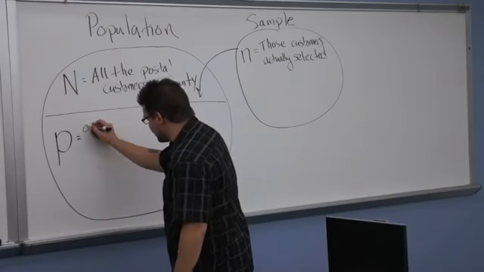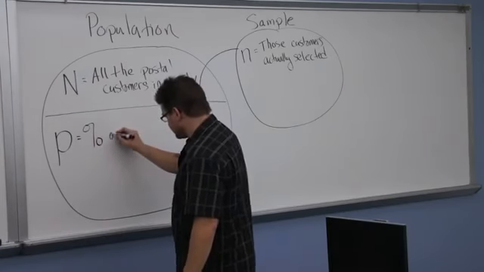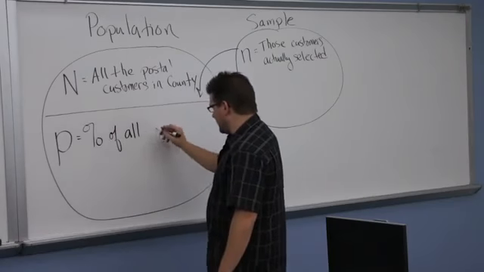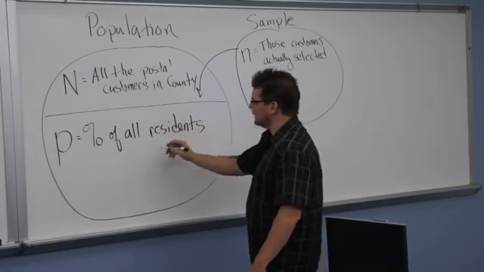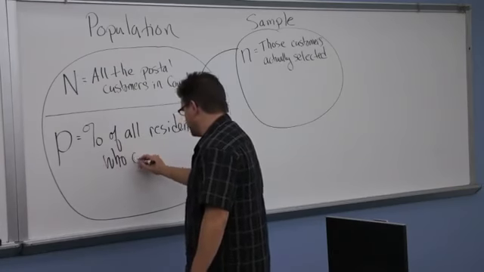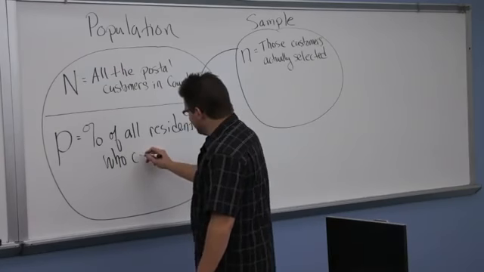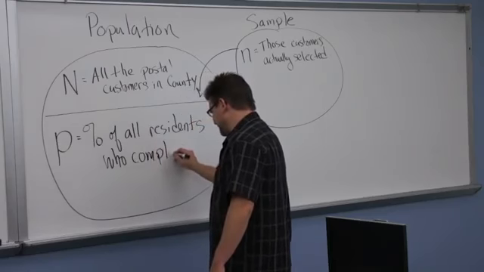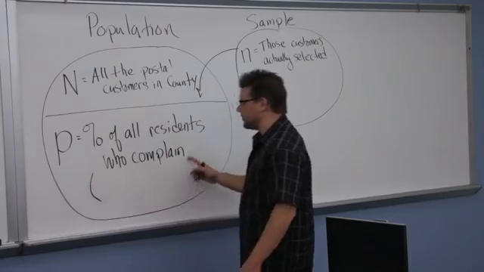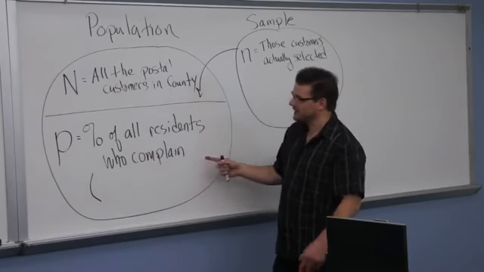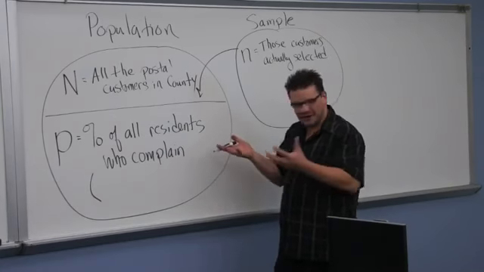P would be the percentage or proportion of all residents who would complain, or more generally, I don't know if you need to actually complain or not to feel that Saturday mail is important.